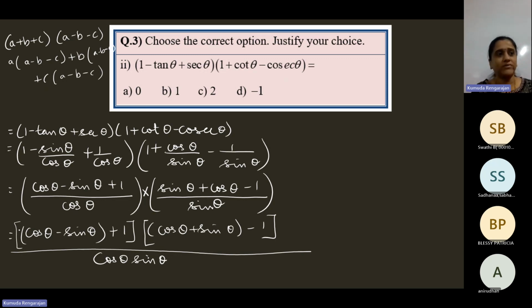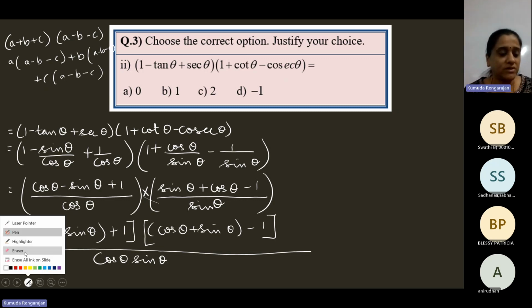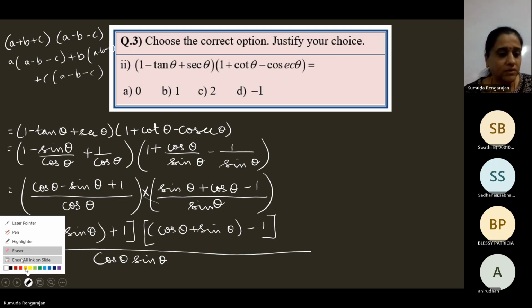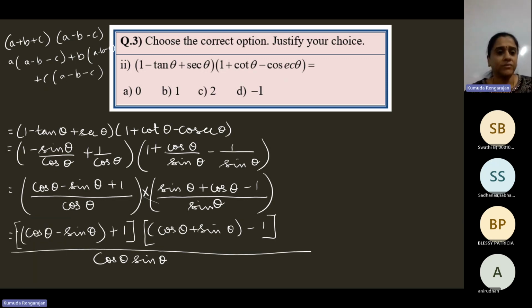On observing the numerators, you can write them as cos theta minus sin theta in a bracket plus 1, like A plus B. And again, one minute, the sign is different. Have we messed with the sign anywhere? Cos theta minus sin theta.